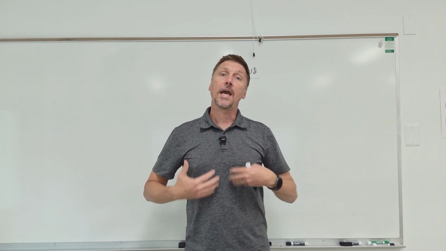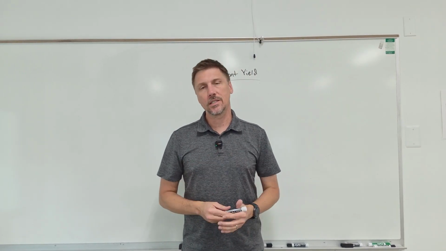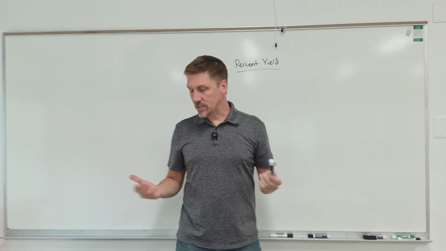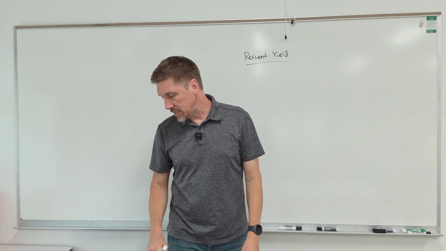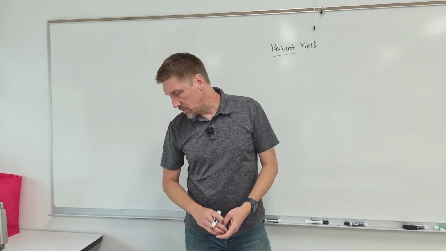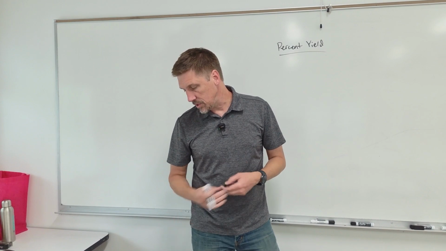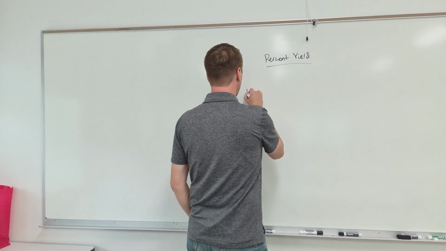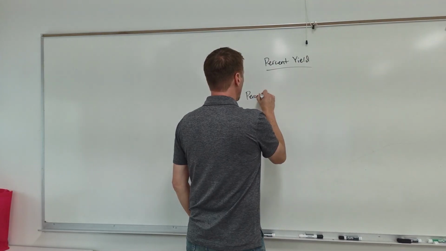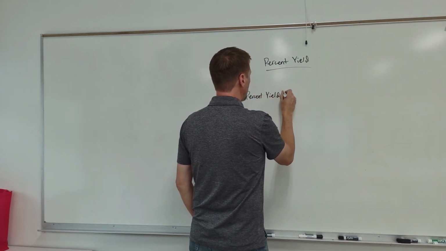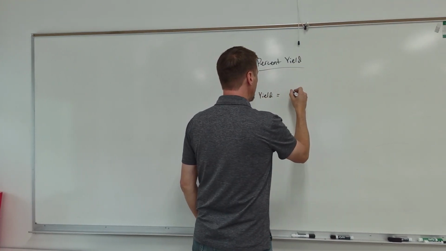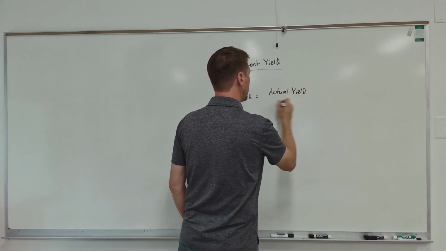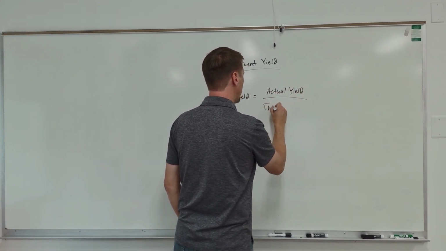However, there's the actual yield. There's the amount that we actually were able to produce in the lab. And so percent yield is basically a way to calculate the percentage of the actual yield versus the theoretical yield. It is simply this: in order to find the percent yield for a particular experiment, we're going to take the actual yield, the actual amount of product produced, and we're going to divide that by the theoretical yield.